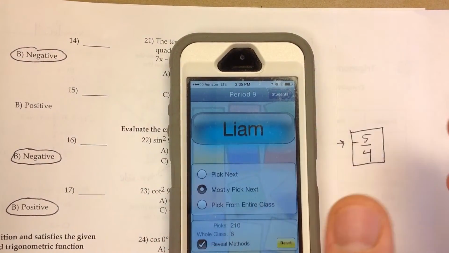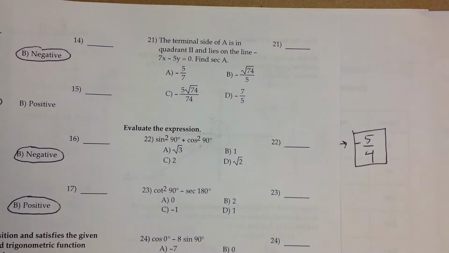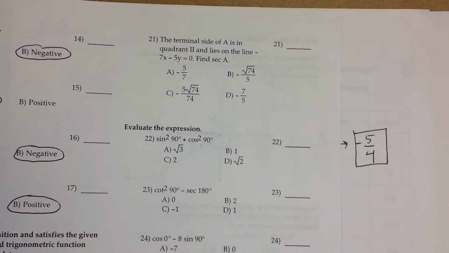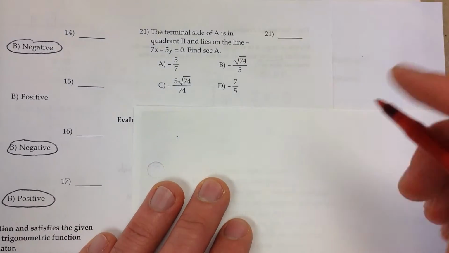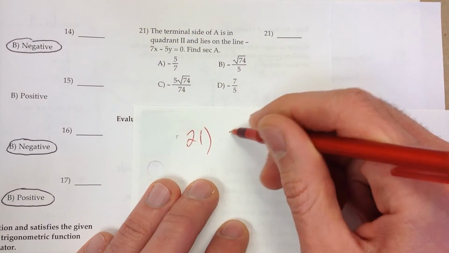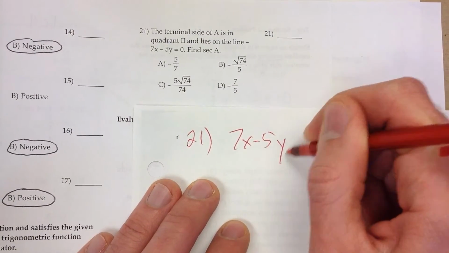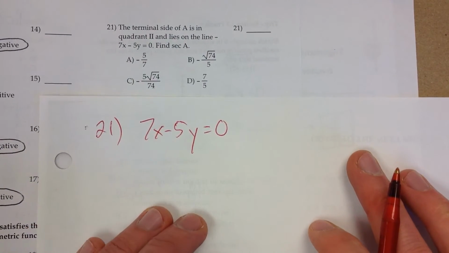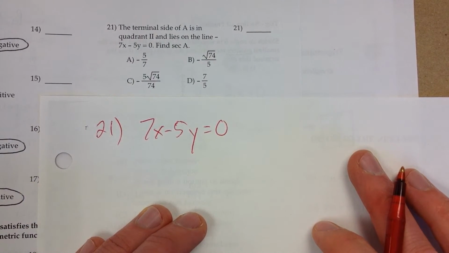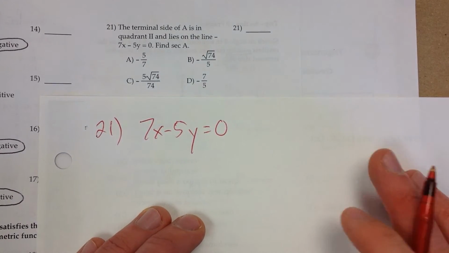Liam. My first question for you is, can you give me the slope-intercept form of 7x minus 5y equals 0? Not saying you have to do it this way, but I think it might help people. Negative 5y equals 7x, negative 7x. Okay?